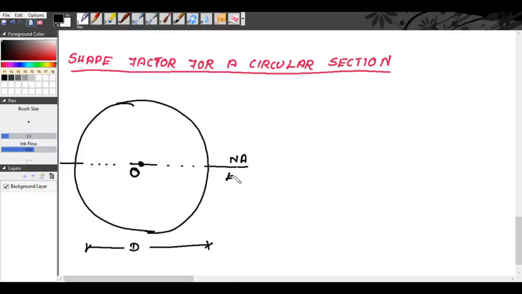So for a circle also, the neutral axis is equal to the equal area axis. Both are the same. So here also it is the same. So you can write S is equal to ZP by Z. So we know Z is equal to, for a circular section, Z is equal to pi d power 4 by 64. Sorry.